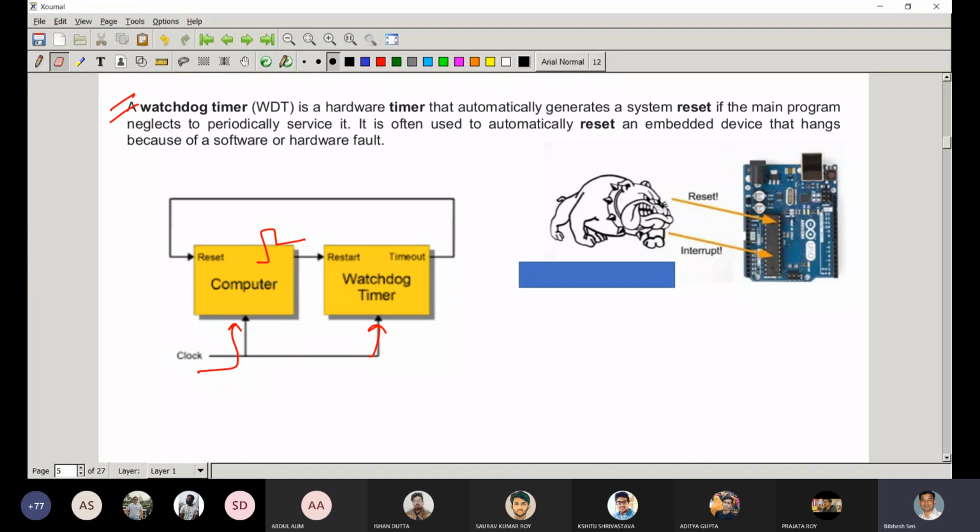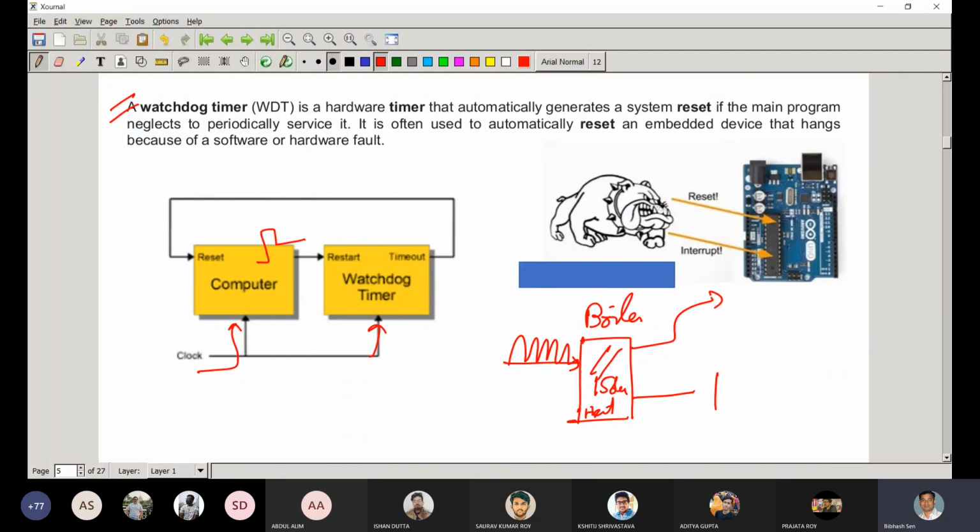Okay, sir. Let's see an example: a boiler application. Suppose when the pulse comes, the boiler needs 15 seconds to heat the water, and the heated water goes outside.